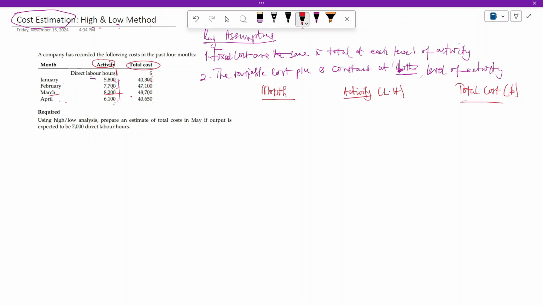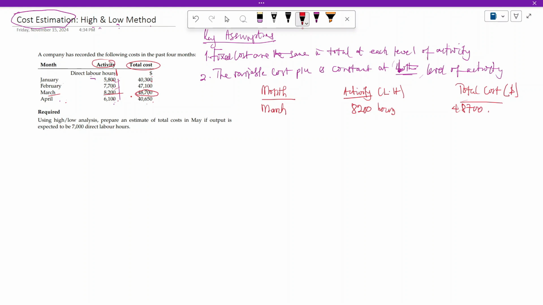For the month of March, we have the highest activity, which is 8,200 labor hours, and the associated cost is 48,700. So write 48,700. Great.